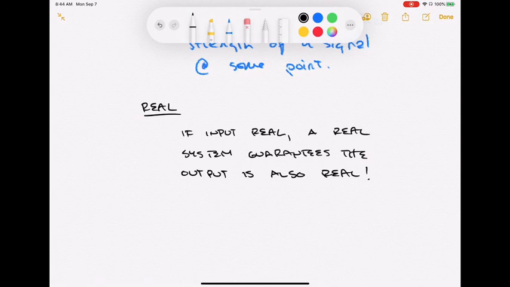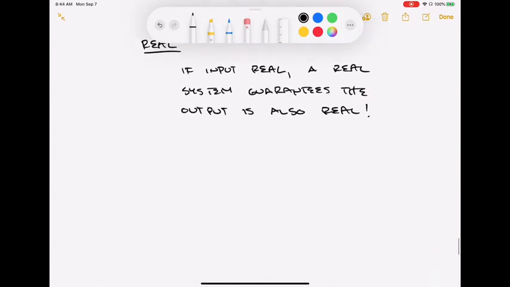If the input is real, a real system guarantees the output is real. Maybe put a different way, if a system is not real, there is a chance that a real input could generate a non-real output.